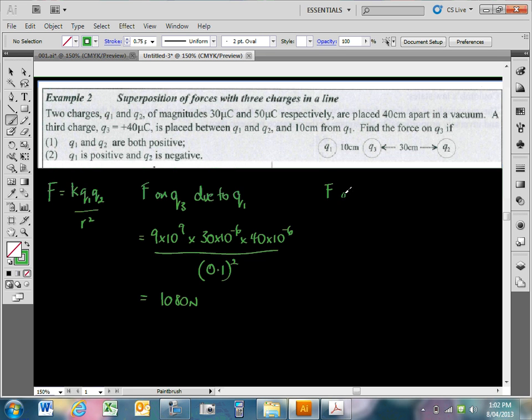Force on Q3 due to Q2. Q2 is 50. 30 centimeters.